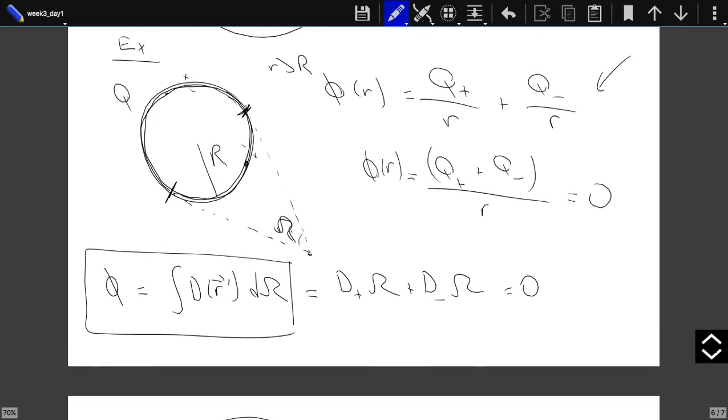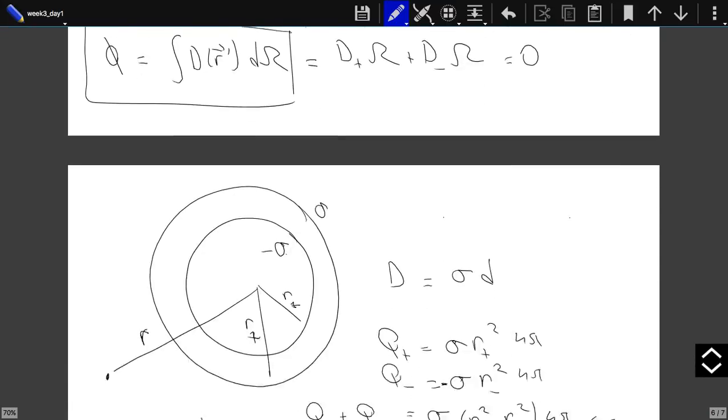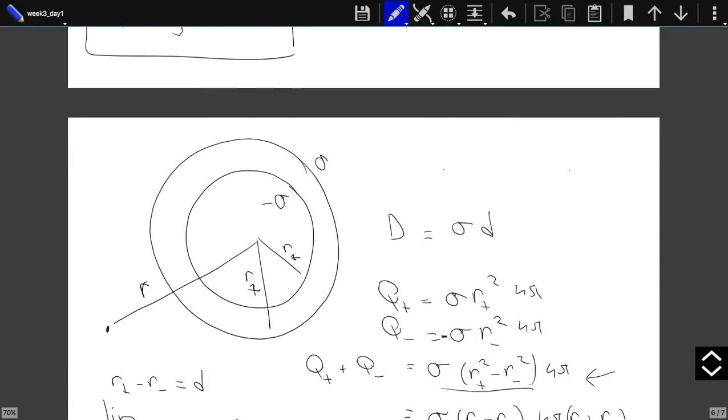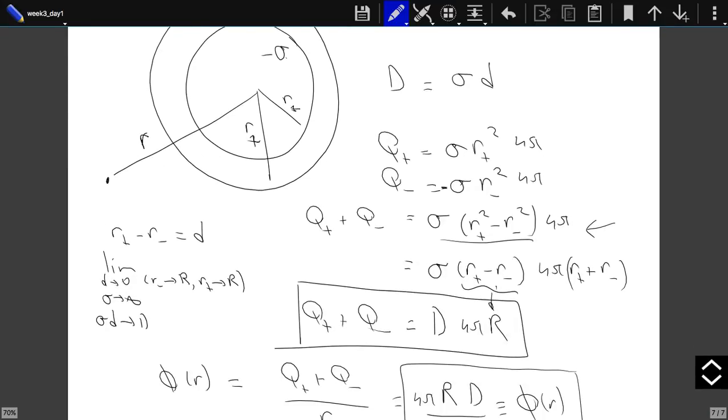But then, if you assume that the smaller sphere and the outer sphere have the same charge, that means they have different charge densities. But the dipole is usually defined as two sheets with the same charge density. If you have two sheets having the same charge density, the inner and the outer sheets will have different total charges.